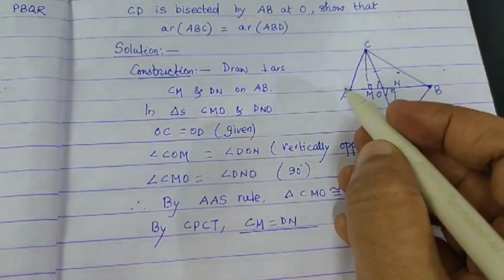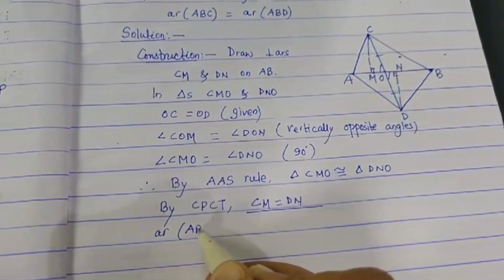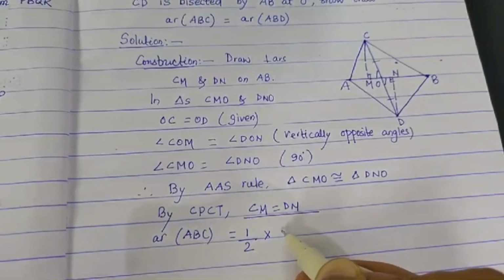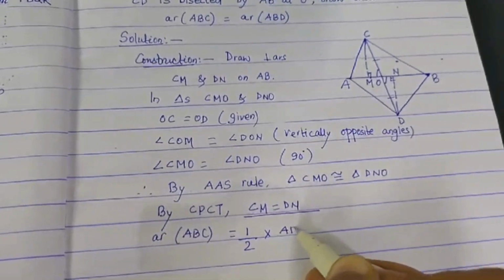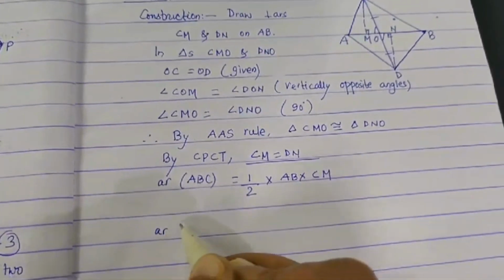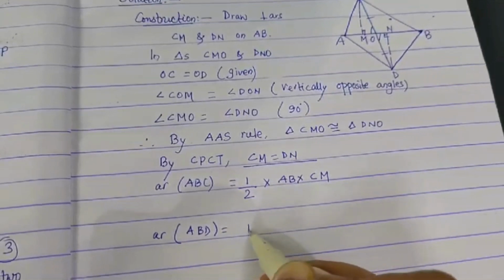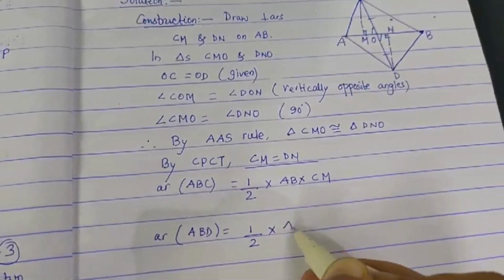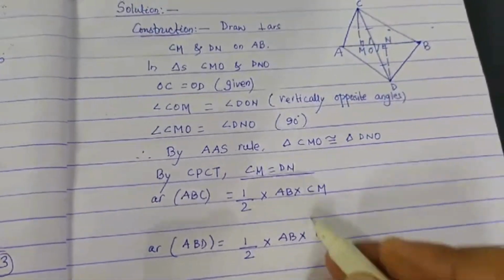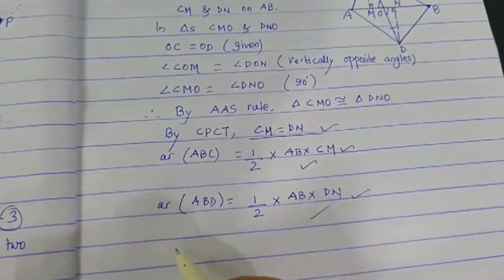Now area of triangle ABC is equal to what? Half of base into height. Base is AB and height is CM. Similarly, area ABD is equal to half of base into height. Base is the same, AB, and height is DN. Now you see CM is equal to DN. That means these two values are equal.